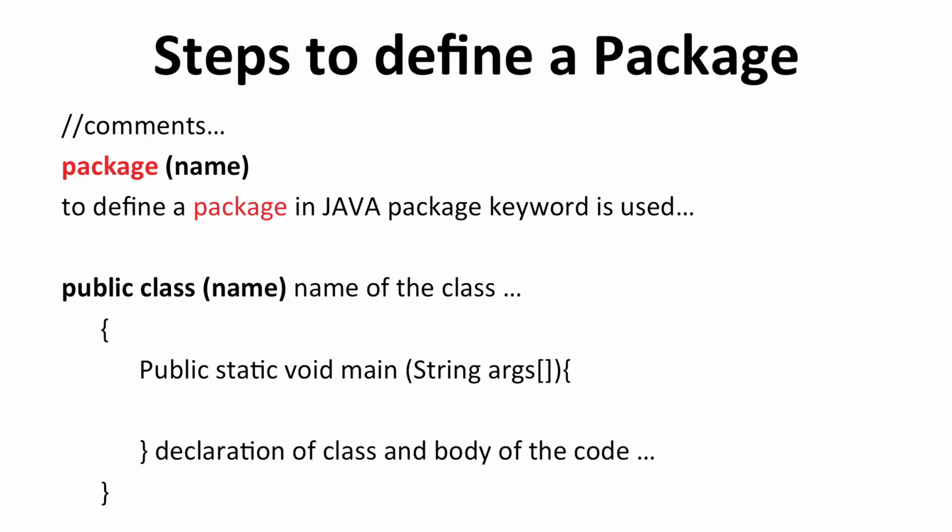Public class, we put the name of the class here, then public static void main, String args, as we usually do, then the declaration of the class and the body of the code. Here the code ends. The key feature is the keyword called package. So to define a package in Java, this keyword is always used.